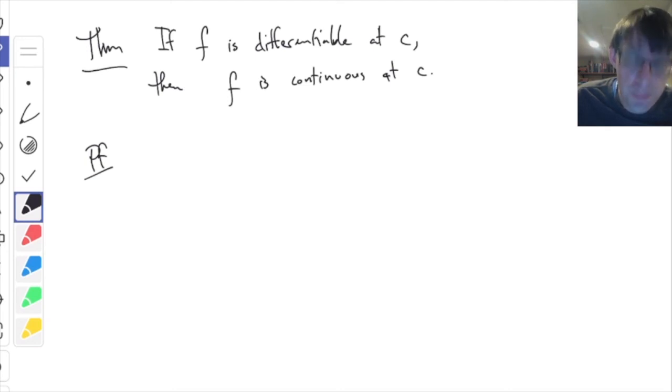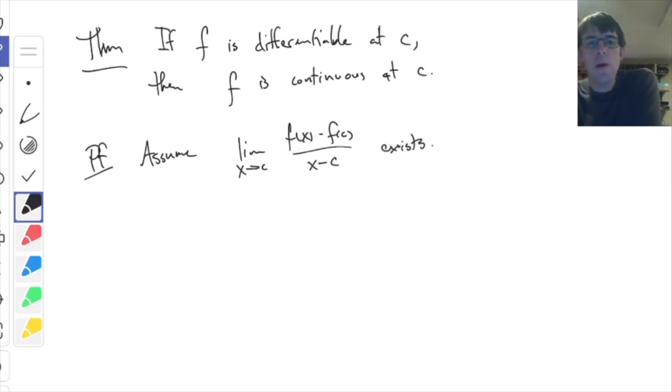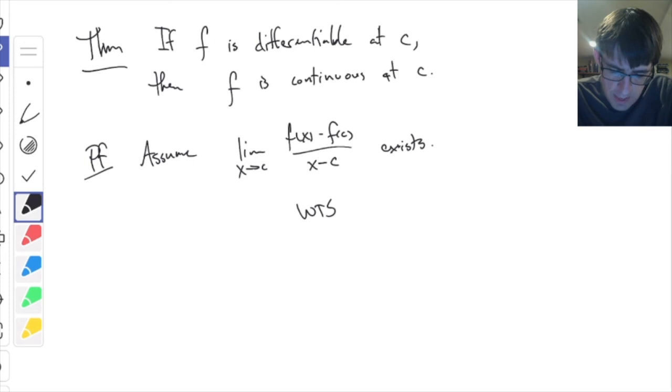We are going to assume that f is differentiable. So we're going to assume that this limit, as x goes to c, of (f(x) minus f(c)) over (x minus c) exists, right? And then I want to show that f is continuous. I think the typical way that we would demonstrate that is like this: the limit as x goes to c of f(x) equals f(c).